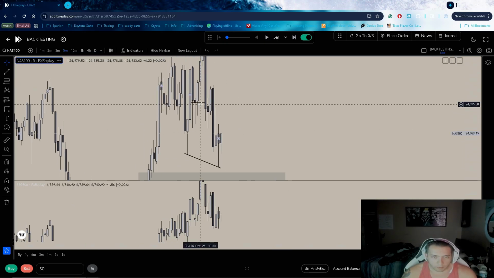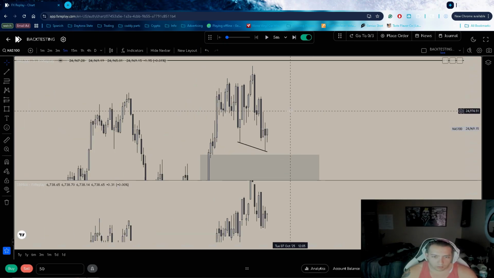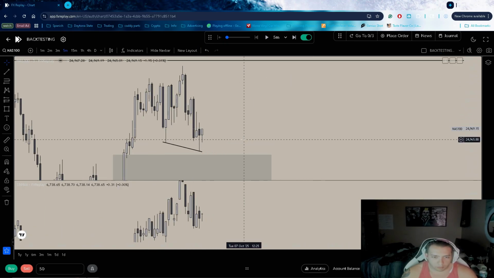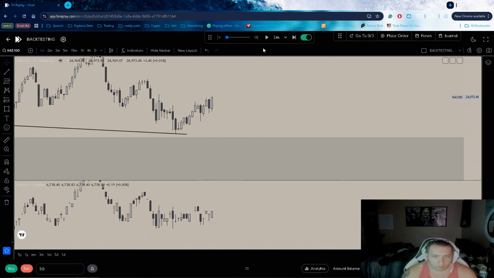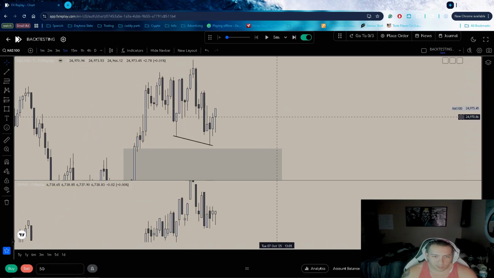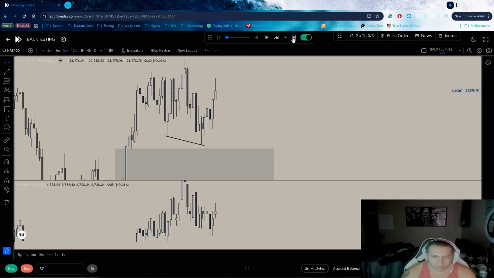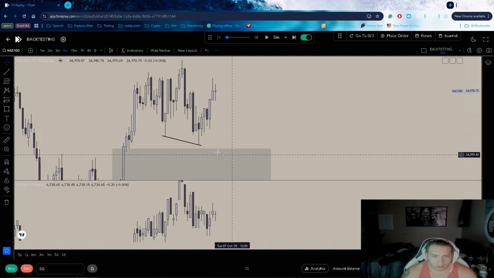If the SMT was something that was important, it would make this trade a lot better. But it wasn't, and price is still pretty bearish at this time. But it would have played out, so that's cool. Didn't like it, right? With the 15-minute fair value gap right below us, it just wasn't high probability.